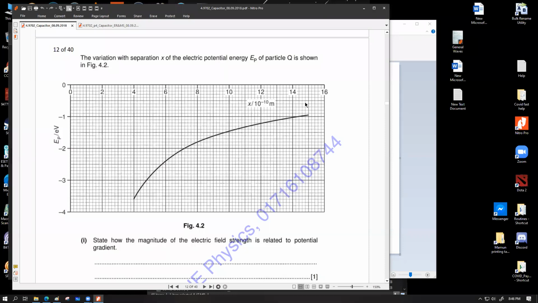But the mark scheme prefers to explain it differently: that energy is needed for the separation of opposite charges.